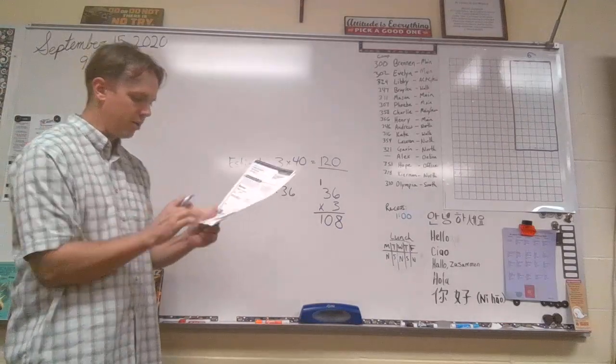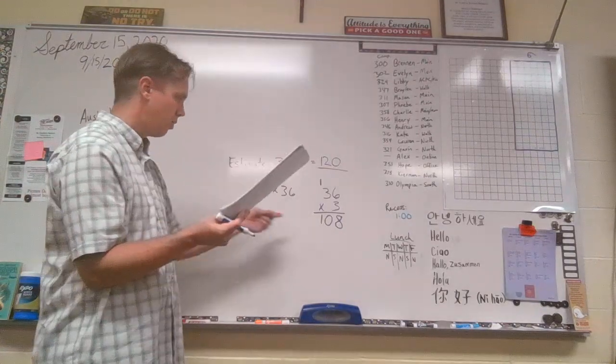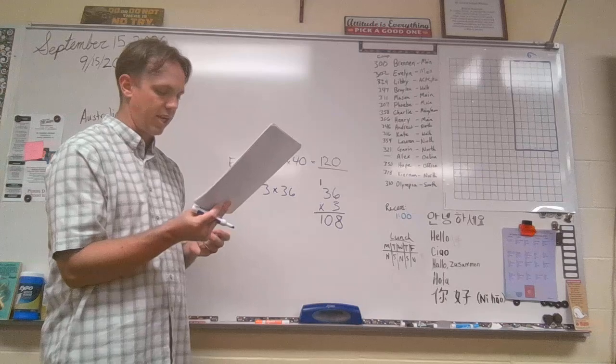Okay, so down here in step 2, it says, so Celia's racehorse runs 108 feet in 3 seconds.